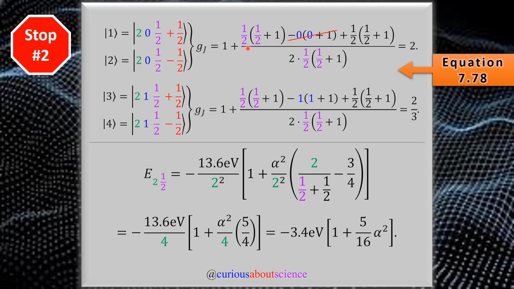If we plug everything in, and of course in the denominator we have the J's, even if we just use a calculator real quick, or do some tedious simplification, we see that for these two states where L is 0, we have a g factor of 2. When L is 1 under the same J conditions, we have 2/3. That will become important when we look at the Zeeman contribution.